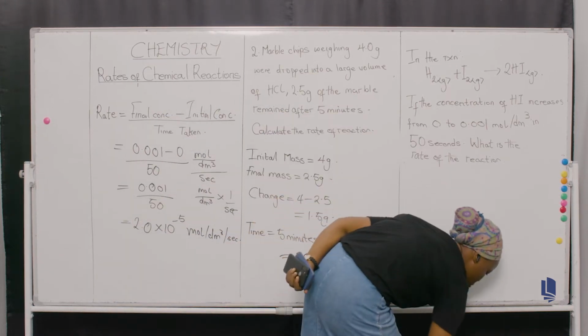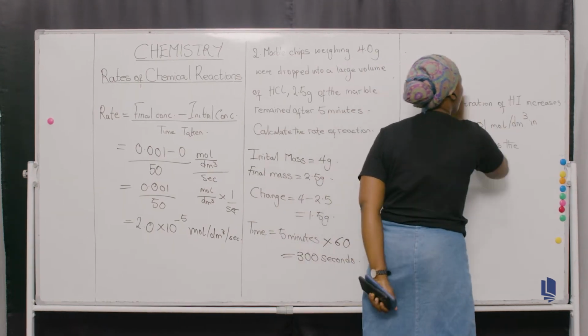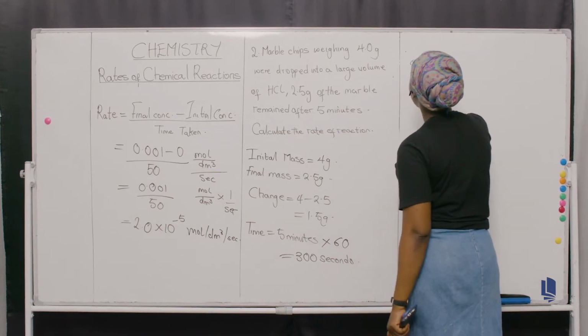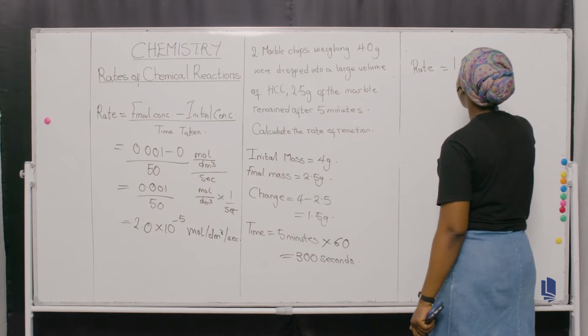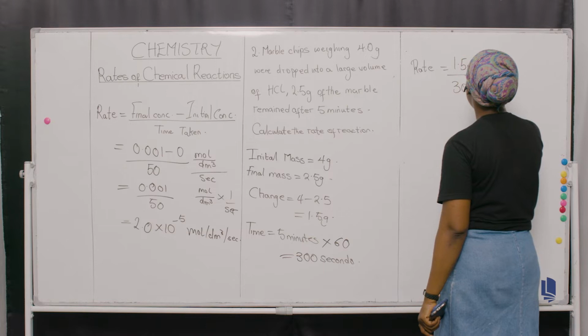So from here, we'll just basically do this change divided by the time taken. So rate then would be the change, which is 1.5 grams, divided by time taken, which is 300 seconds.